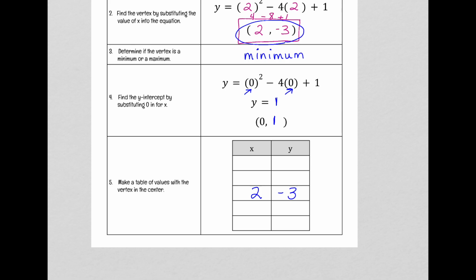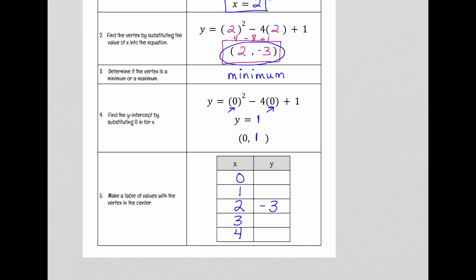Okay, so in this case we have a 2, so we're going to go down by 1, so we'll make it 1, 0, and then we'll go up by 1 on the x. Then we need to find those y values. Okay, we kind of already did that with the 0, because that was right here, when we found that y, because whenever x equals 0, we have that y-intercept.